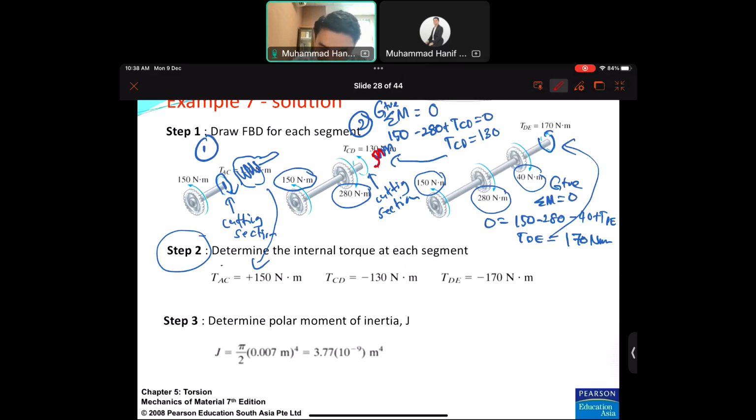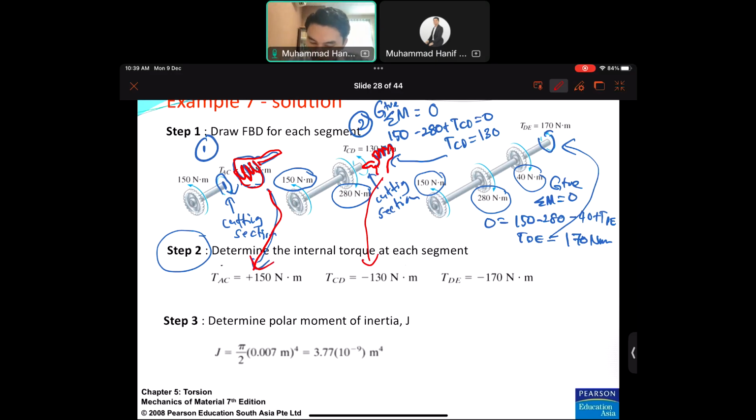Okay, the forefinger, and then the thumb should be pointing inward like this. So if the thumb is pointing inward, it means that the TCD is negative. So that's why we get the negative value of 130.